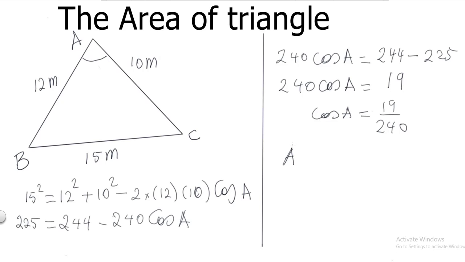So the angle A will be equal to the inverse cos of 19 divided by 240. The inverse or arc means that you shift your calculator, press cos, then 19 divided by 240.